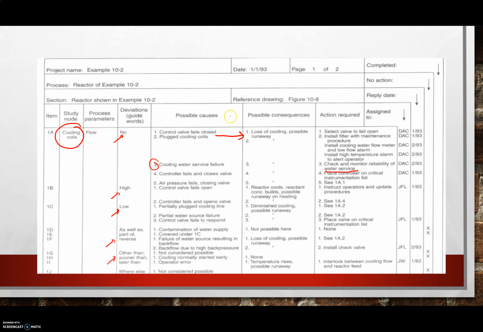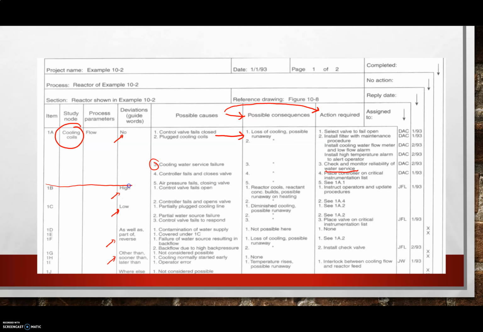So possible causes relate to possible consequences, and possible causes also contribute to the action required. After you finish listing all possible causes, consequences, and actions required for the deviation word no, we start a new one.